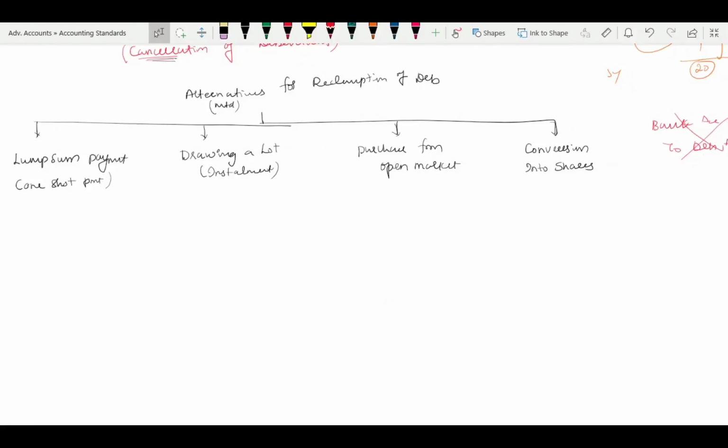Otherwise, until it is cancelled, the debentures are held in your hand as an investment in own debentures. Just as if you purchase debentures or shares of some other company, it can be treated as an investment, like that here you have purchased your own debentures as an investment. Till it is cancelled, it is not a redemption. It will be treated as an investment in own debentures.